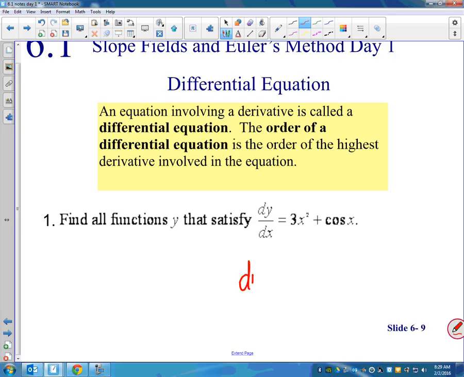What if I wrote dy equals 3x squared plus cosine x? So in a differential equation, we separate the y's and x's. And now, what if I said, let's integrate both sides?